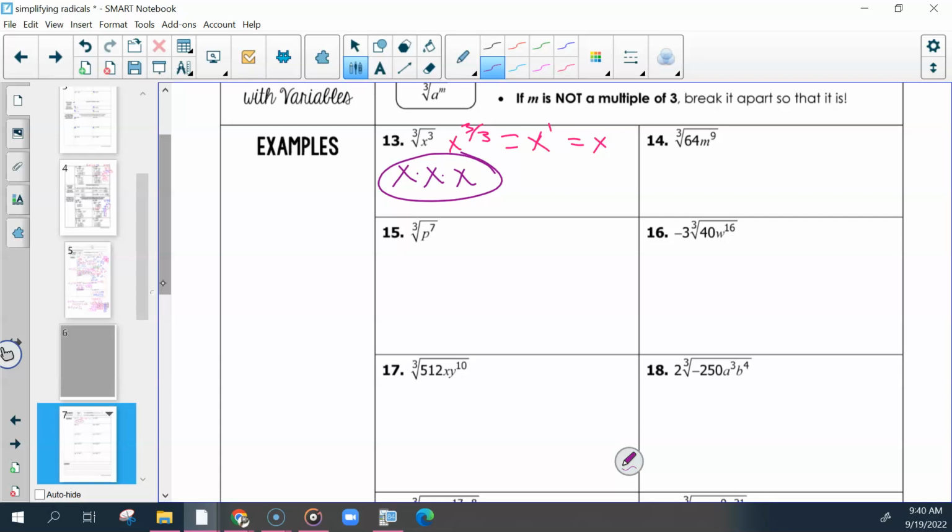Sophia. 8. No, 8 and 5 would make 40. The cube root of 8 is what? What times what times what will give us 8? 2.